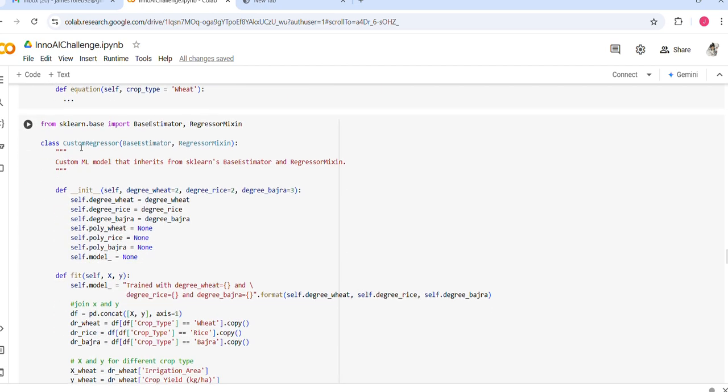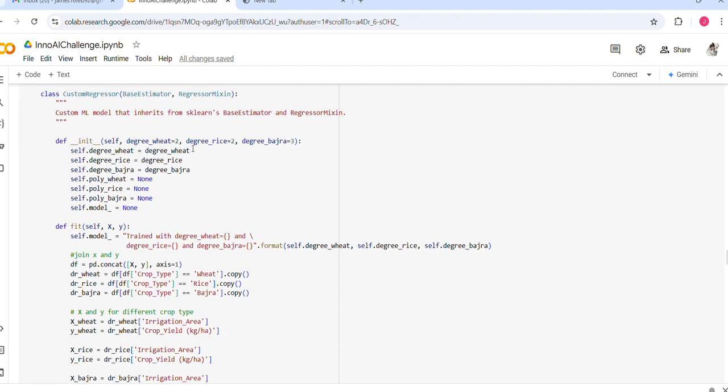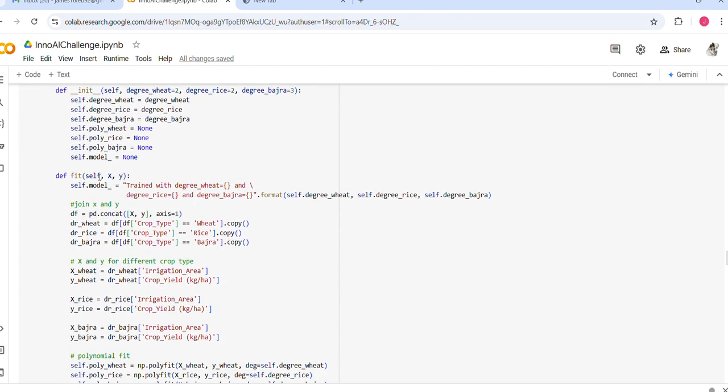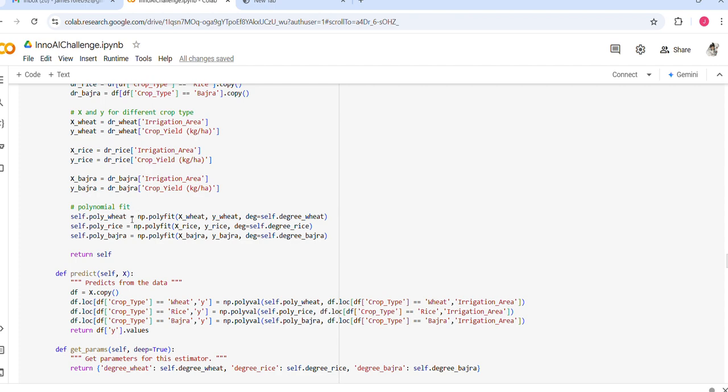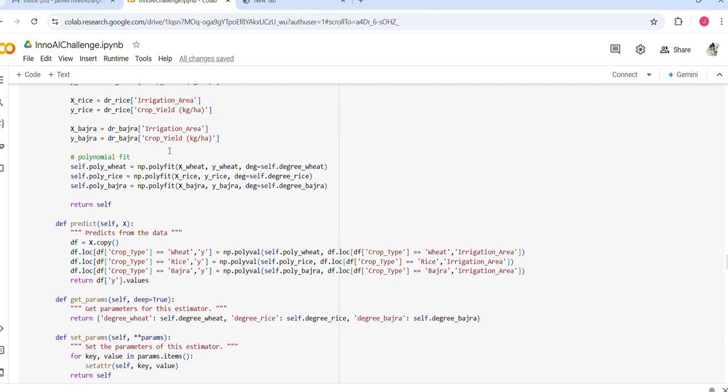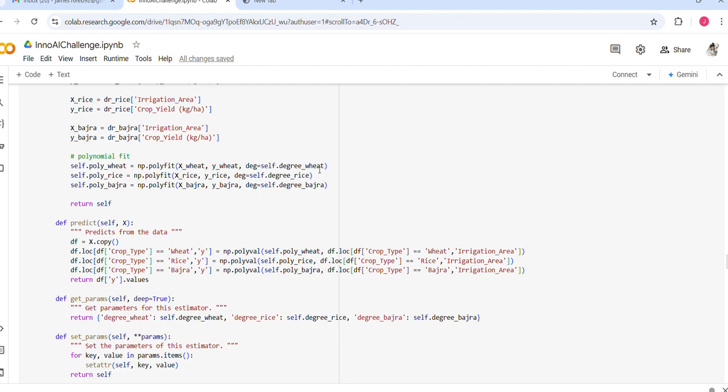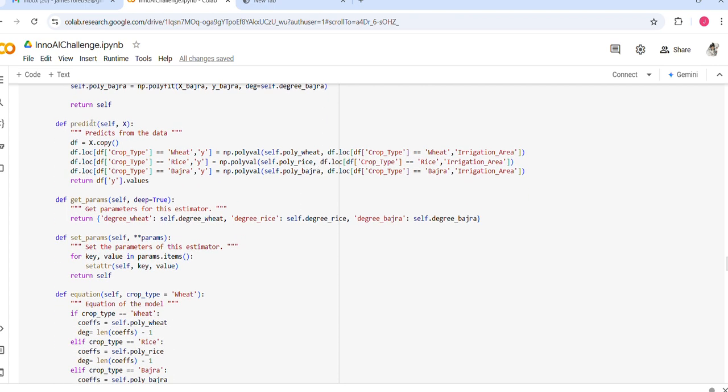And now we are ready to build our custom regressor using the BaseEstimator and RegressorMixin base classes, and we can use the above given trends and the polyfit function from NumPy to build our own model which fits a polynomial curve of higher degree to the given data, and we can predict by using the polyval function as well.